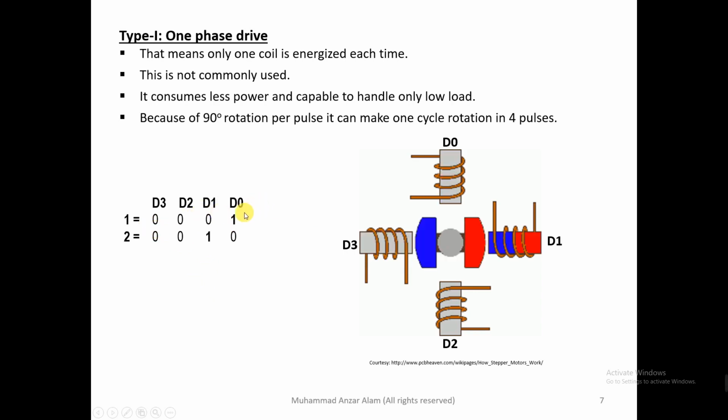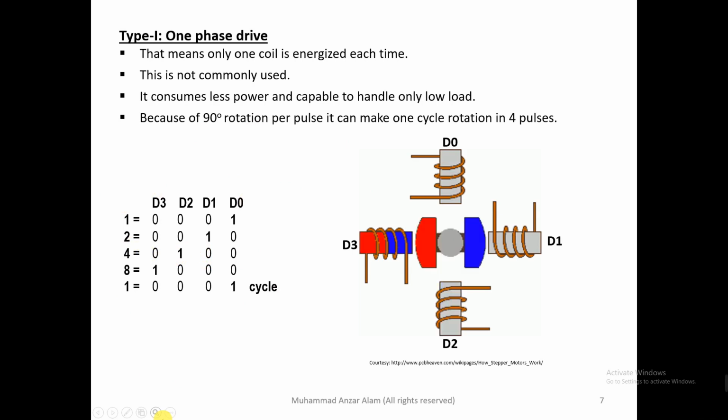First D0 is energized, second D1, third D2, and fourth D3 is energized, and then it repeats itself. Again D0 will energize, then D1, D2. So this is the cyclic pattern of the code coming from the microcontroller.